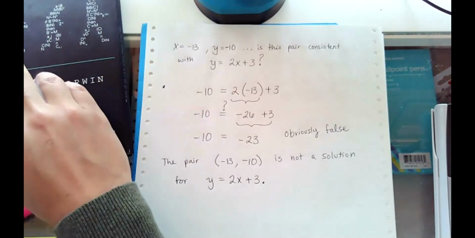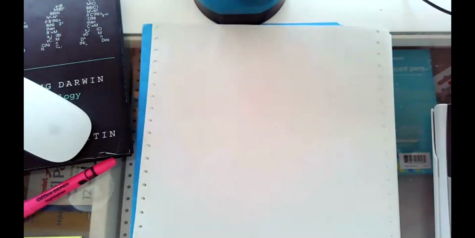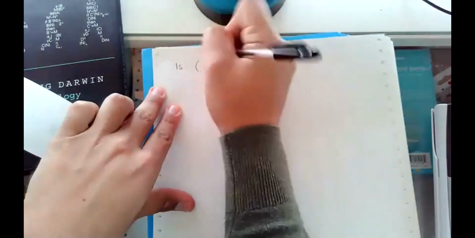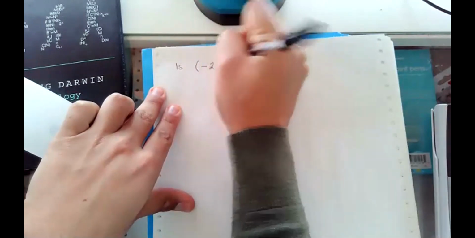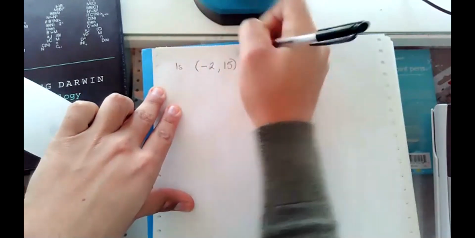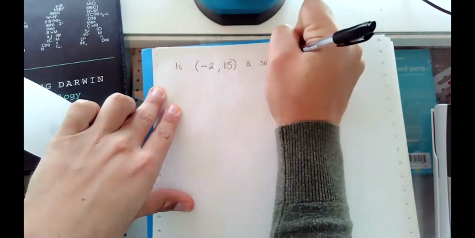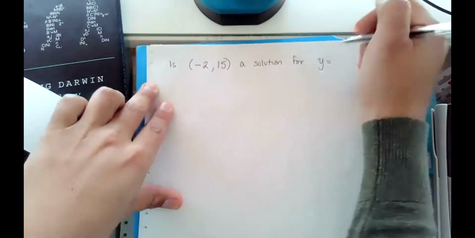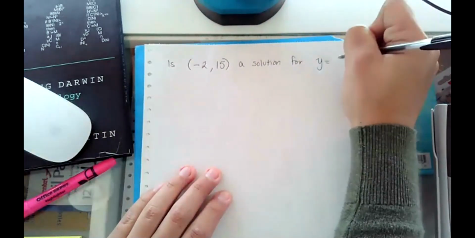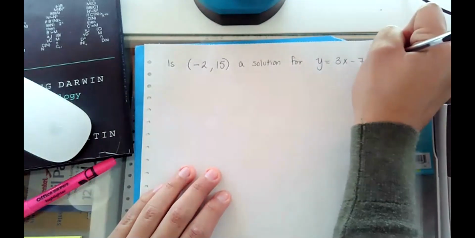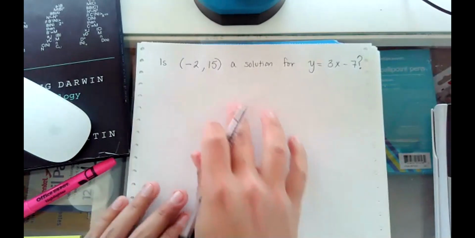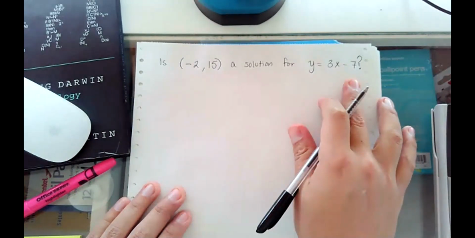Okay, let's try this then. Is negative 2, 15 a solution for y equals 3x minus 7? So take a moment to try to figure that one out.